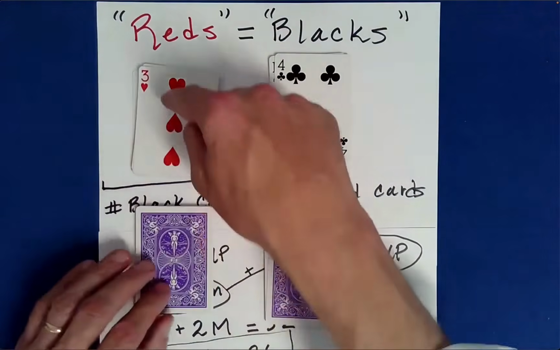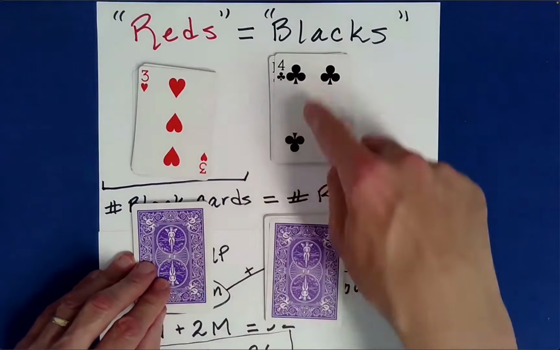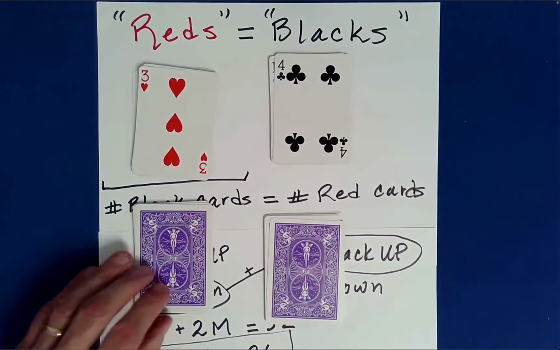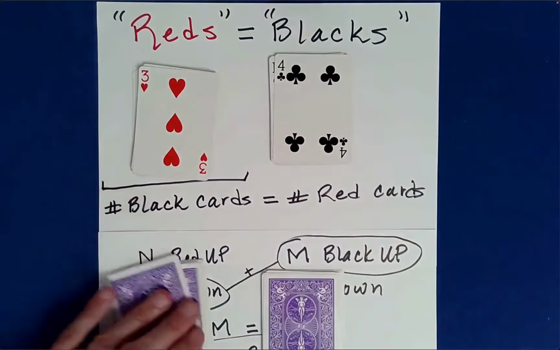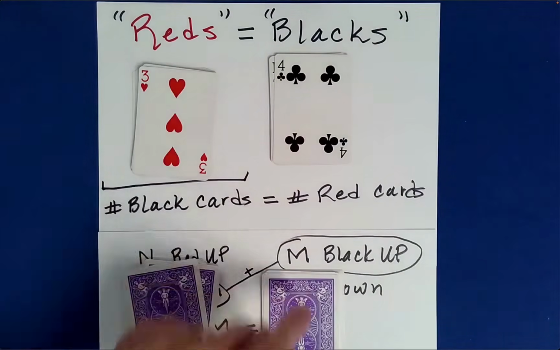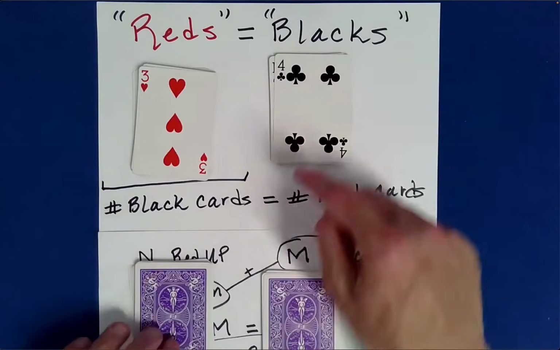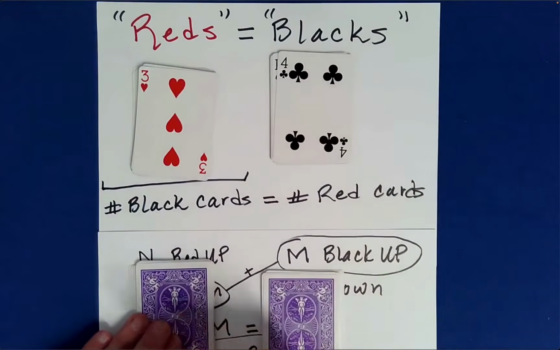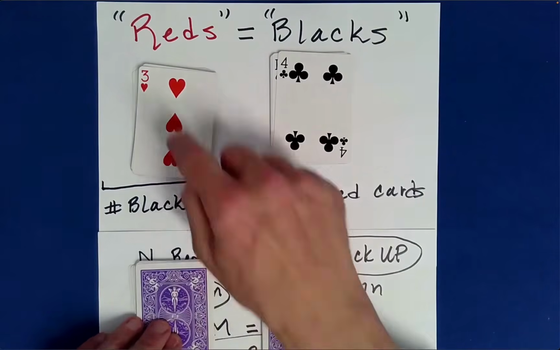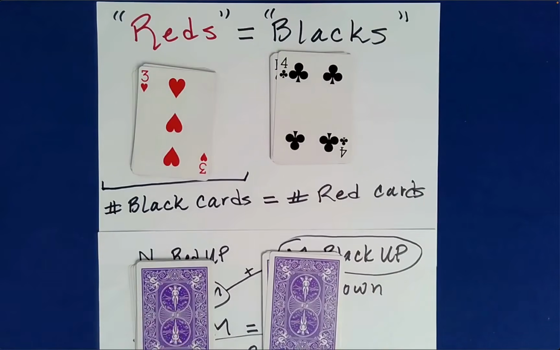Because if these two piles are equal, and these two piles are equal, then it's just as I've written here. It's like having N, N, M, M. Well, you can go ahead and take this one with this one, you'll get half the deck. This one with this one, you'll get half the deck. And then you just draw the conclusion that I have.